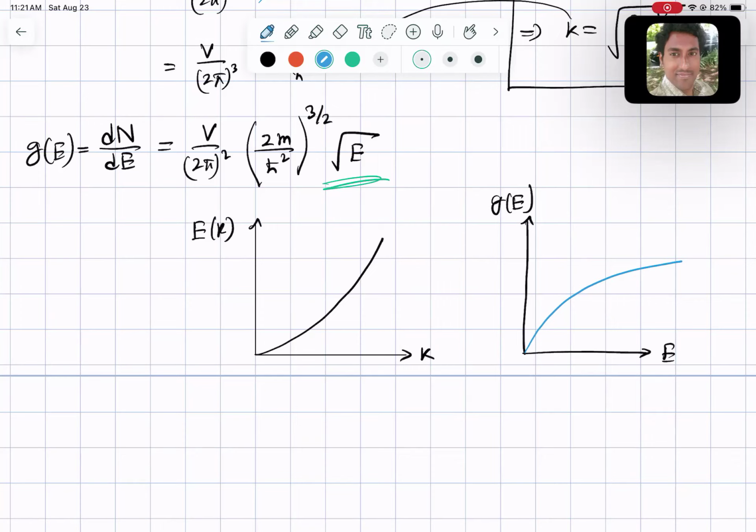মানে complicated material অনেক সময় হয় কি there it's not a parabolic, it could be something complicated.